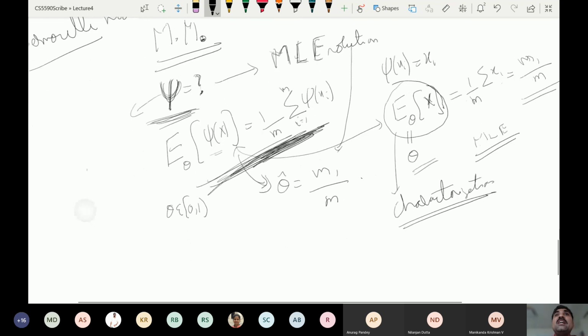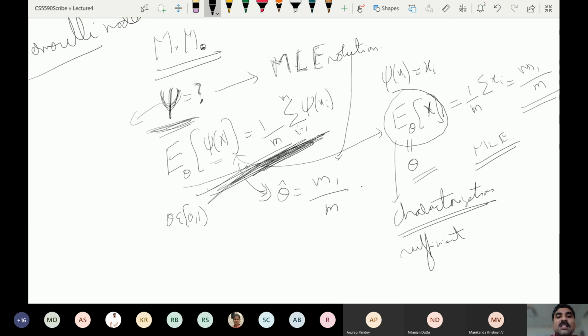In other words, psi should be sufficient to match the distribution. Then, because I'm matching this distribution with the underlying distribution, at least in the sample version, I'll be correct. Such sufficient functions are called sufficient statistics. This is not a definition; later on, if time permits, I'll give a definition. But intuitively, this is the idea.